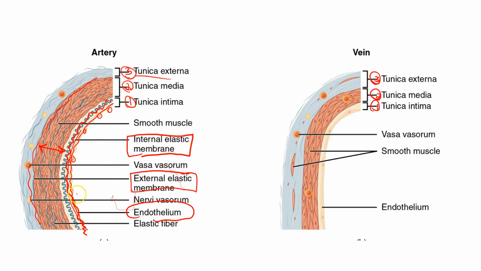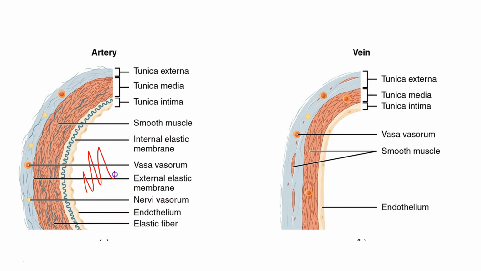The blood passing through the vessel can give nutrients to the little cells facing the innermost part of the lumen, but all of the cells back here don't really get nutrients from the blood because of all of the connective tissue found in the tunica intima.